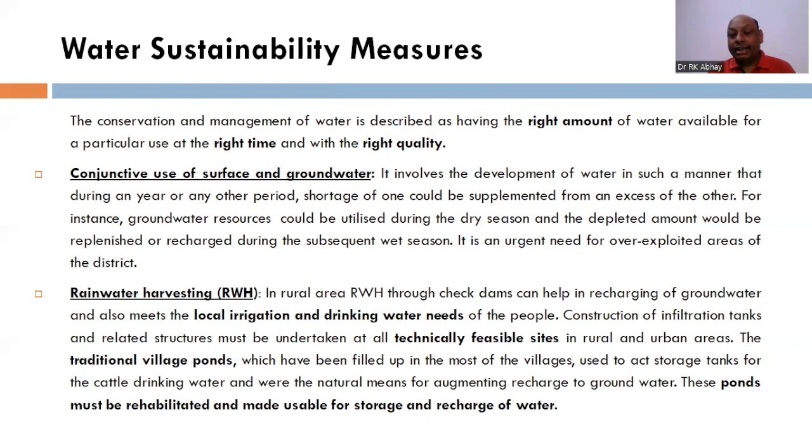If it is done in rural areas as well, then it will be fantastic. Technically feasible sites should be identified in rural and urban areas, and action should be taken. It is said that rainwater harvesting can fulfill your local irrigation and drinking water needs.